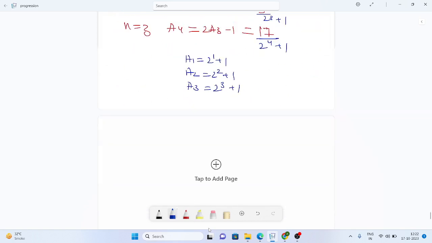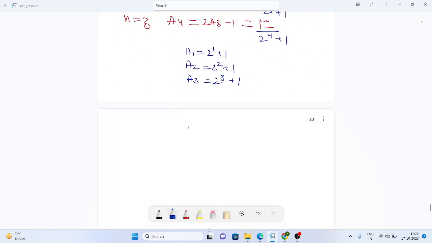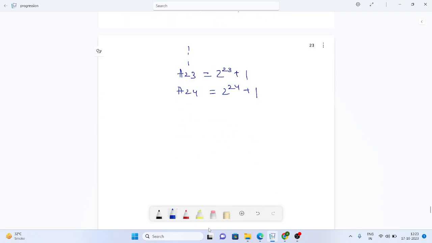So what is a23 and a24? If this is continuous, a23 is 2 to the power 23 plus 1, and a24 is 2 to the power 24 plus 1. And what is a24 minus a23?